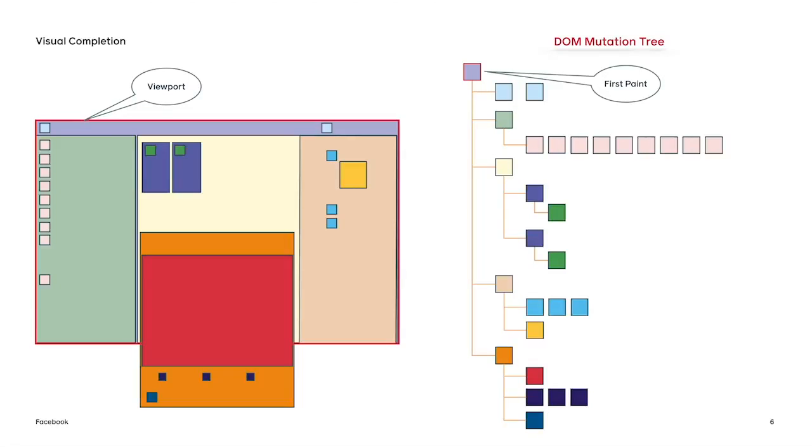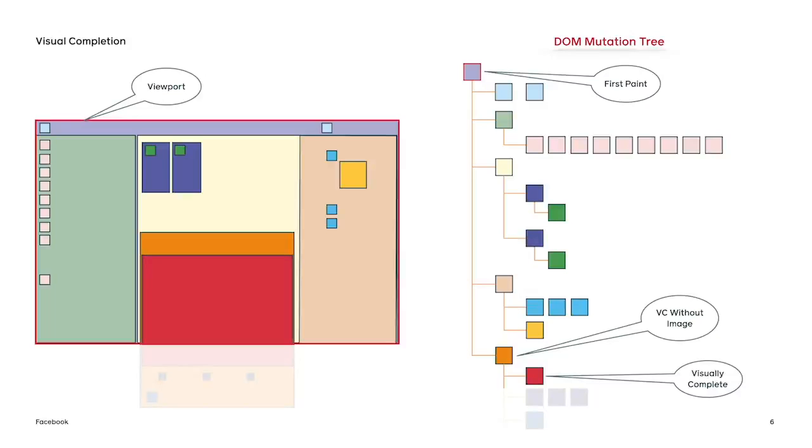Okay, now the browser finally downloaded a few more content images. Then we cut off all the elements outside of the viewport because users cannot see them. Finally, we can determine the timing of visually complete and visually complete without image. Visually complete without image is also another important metric that can be directly affected by server response and client-side performance.